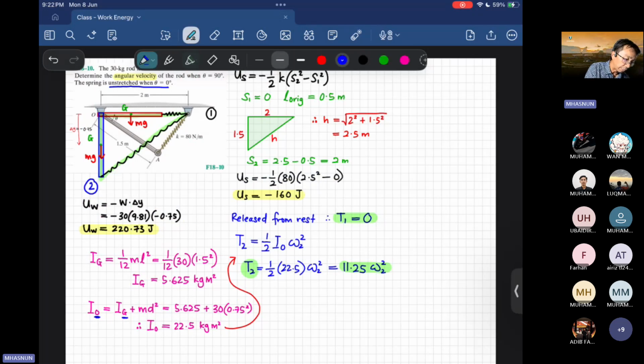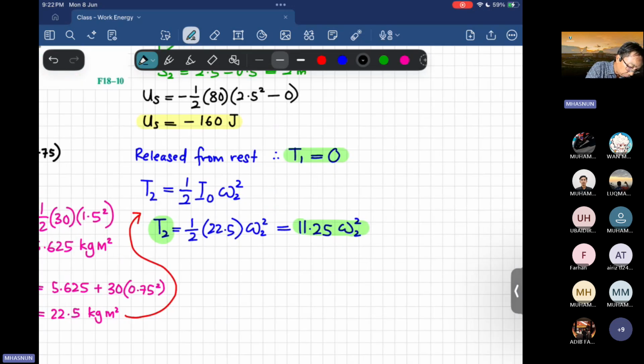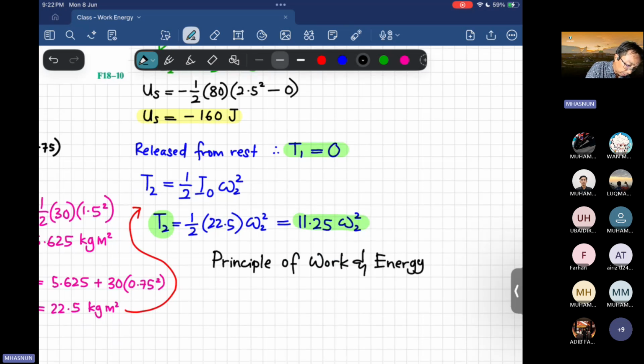So now we can write the final equation, which is the principle of work and energy, to solve this. The principle of work and energy says the initial kinetic energy T1 plus the total work done U is equal to T2. We will substitute all the values that we know.